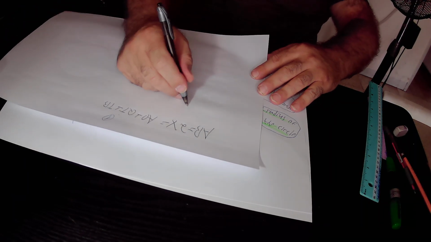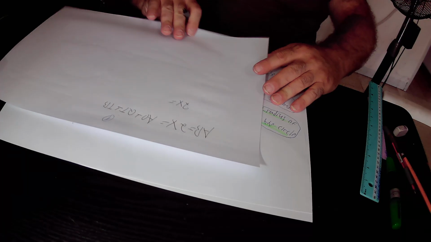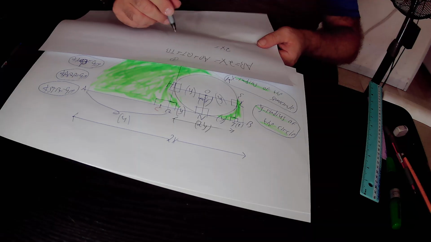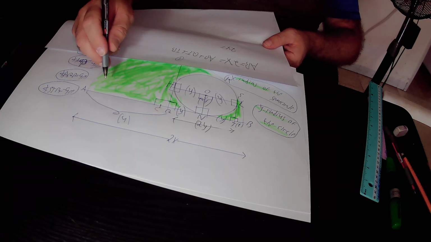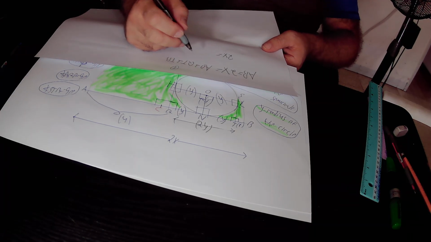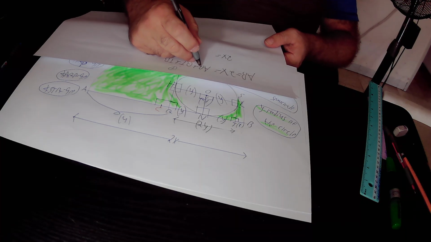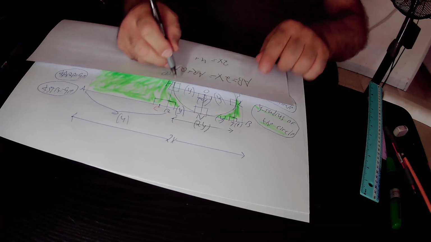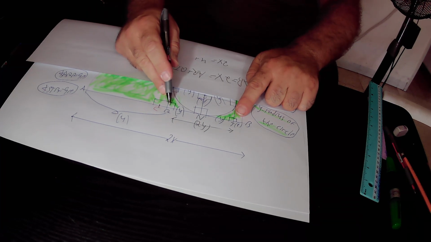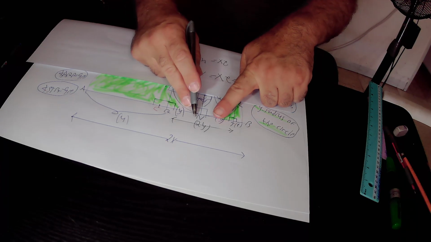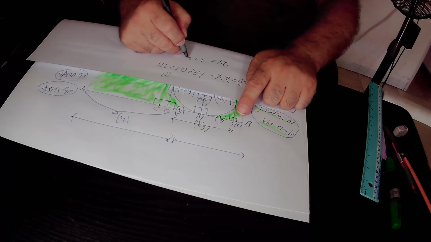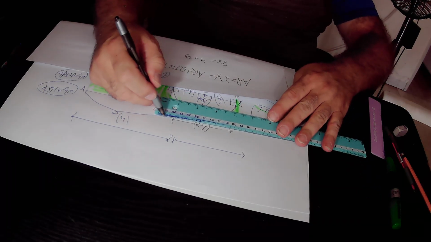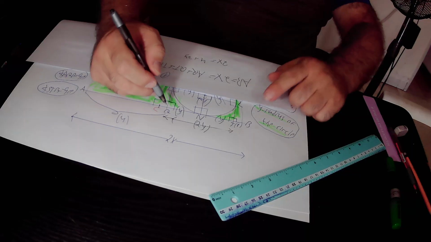So AB, which is 2x, equals AQ, which is 4 according to what is given in the question, plus QT. QT equals 2y units in length, plus TB.